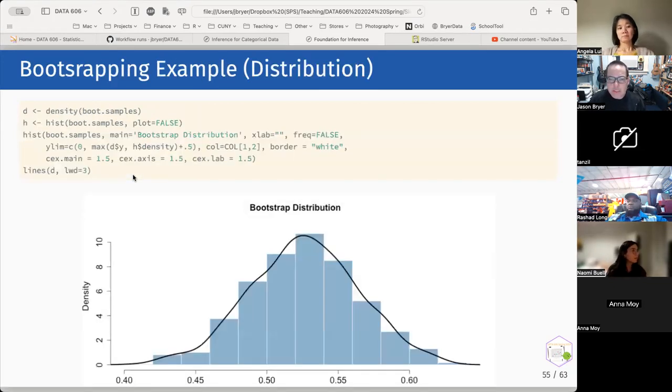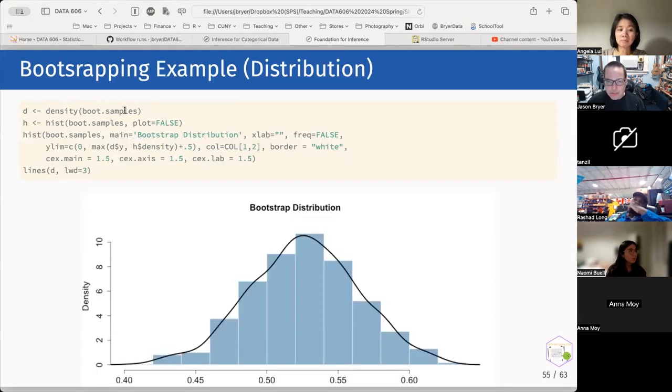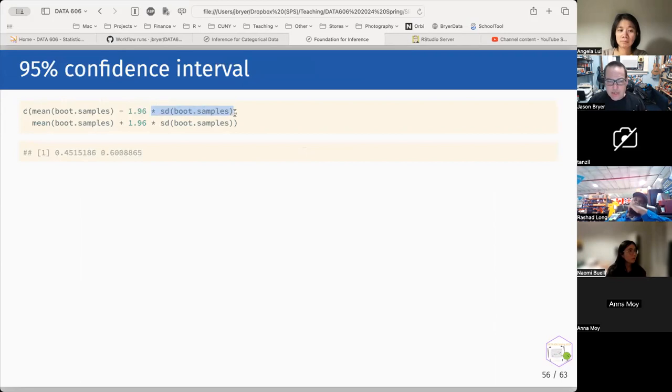So from here, how do we get the standard error? Well, remember, what's the standard error? The standard error is the standard deviation of the sampling distribution. Here we just have a distribution. The bootstrap distribution is an approximation of the sampling distribution. So let's just take the standard deviation of our distribution, and I want a 95% confidence interval, so that's why I'm using 1.96.